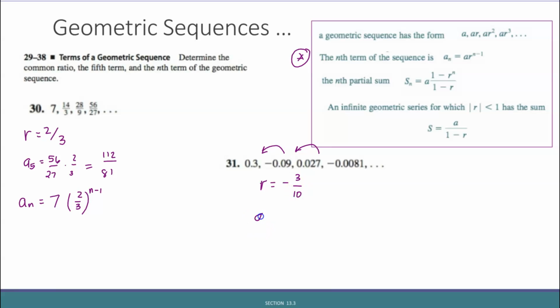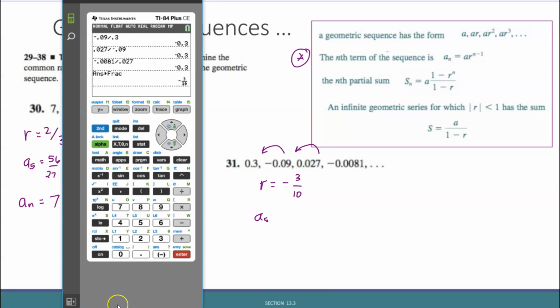We want next the fifth term. To get the fifth term, I take 0.3 and multiply that by negative 3/10, and then multiply that by negative 3/10. Going to the right, I keep multiplying by that common ratio r.